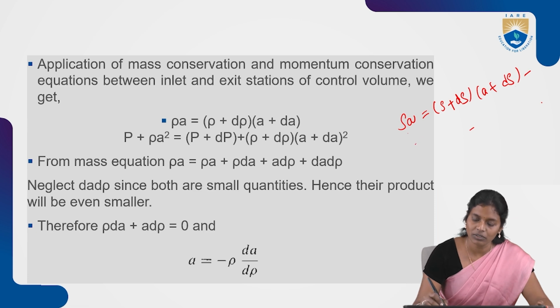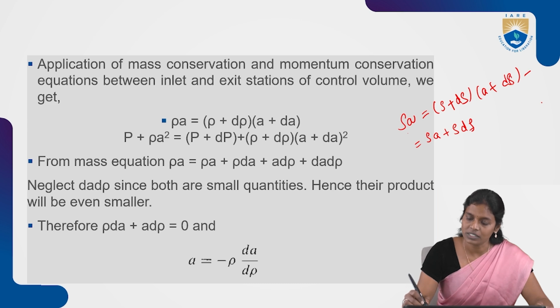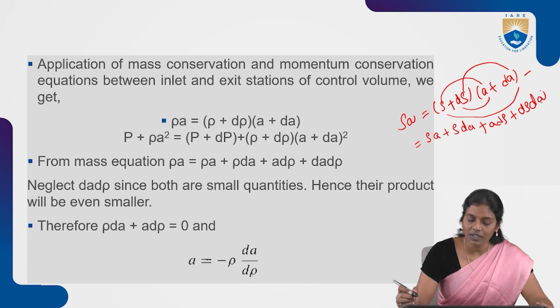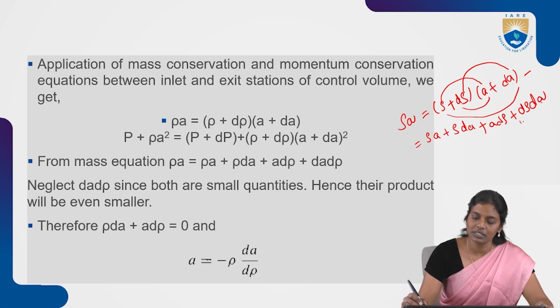When you solve this, we have rho A plus rho dA plus A d rho plus d rho dA. The dA into d rho term will be neglected because it is a small quantity.